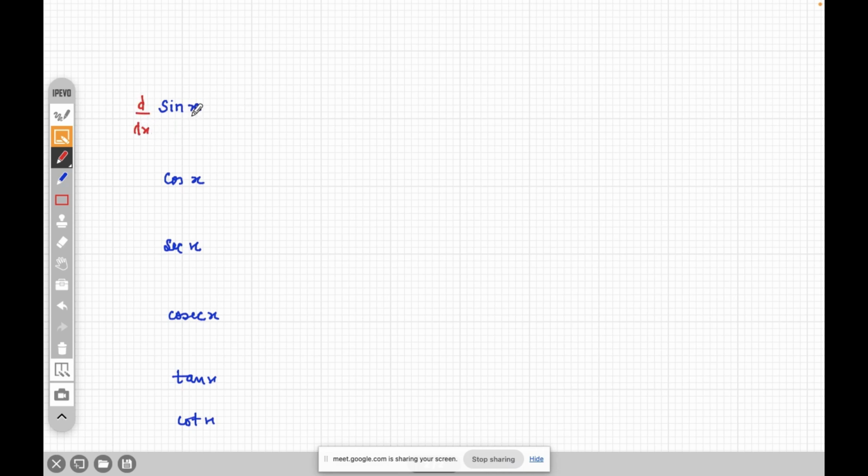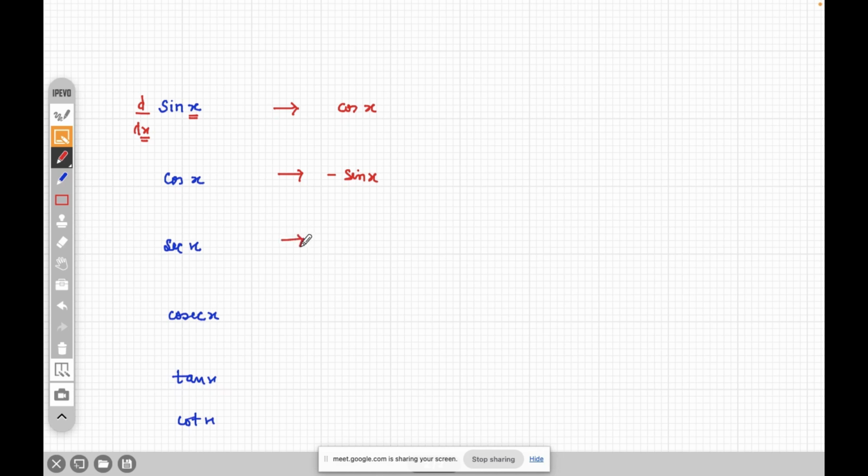Why? Because here it is x, right or not? Differentiation of sine x will be cos x. Differentiation of cos x is minus sine x.